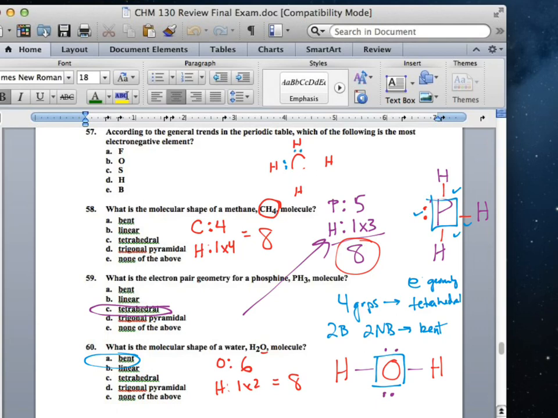Any place that we have a pair of electrons, we can turn into a bond. Molecular shape. We'd start with our electron geometry, tetrahedral. We can move to our molecular shape. Still tetrahedral, because there aren't any non-bonding pairs of electrons. And we'd have tetrahedral as our answer again. Questions?